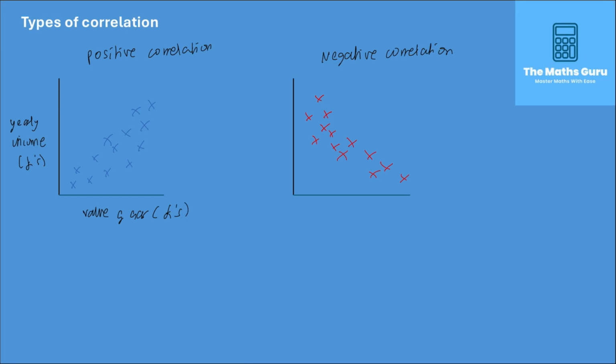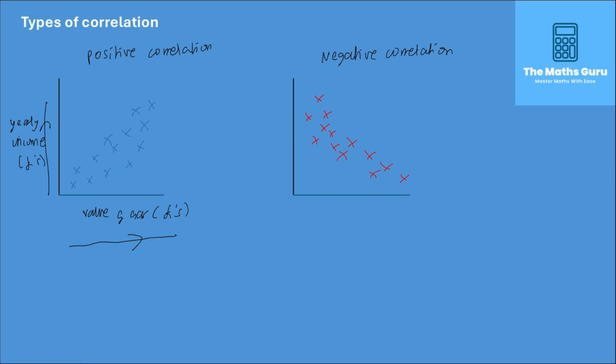As you can see, as the yearly incomes increase of these people, it tends to show that the value of the car that they drive also increases. So obviously the value of the car is measured this way, and the yearly income goes up this way.